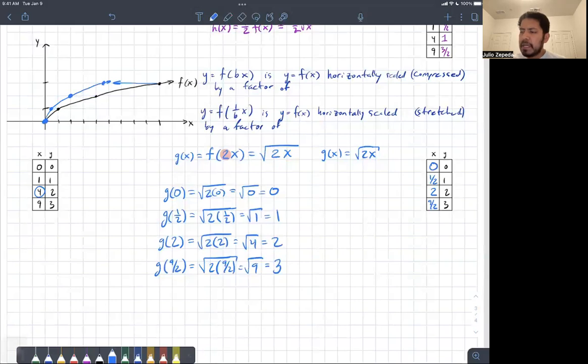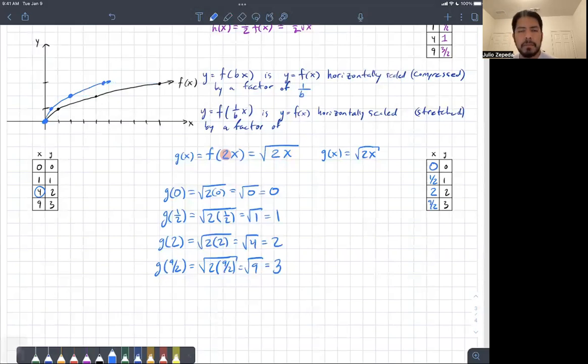And so this function is being squeezed or compressed horizontally by a factor of, it's being scaled by a factor of 1/2 for our problem.